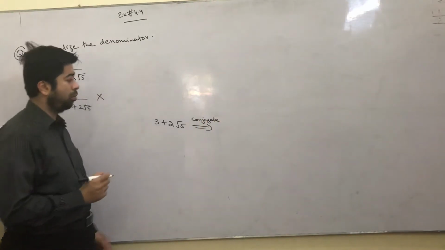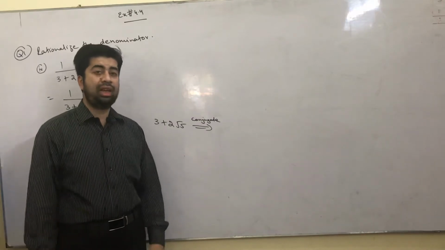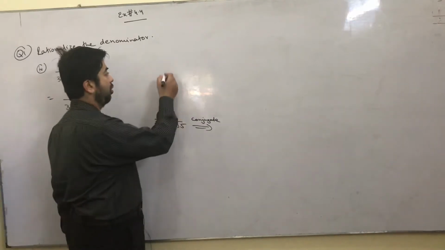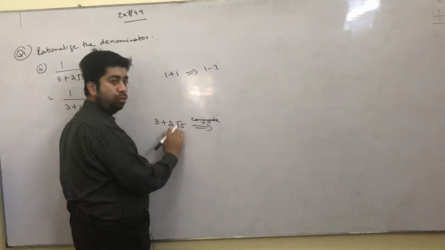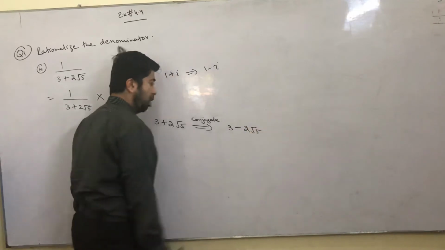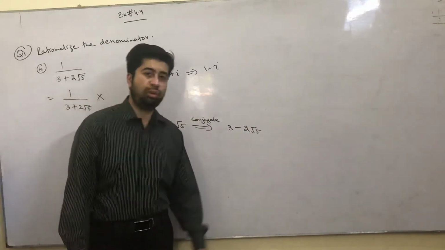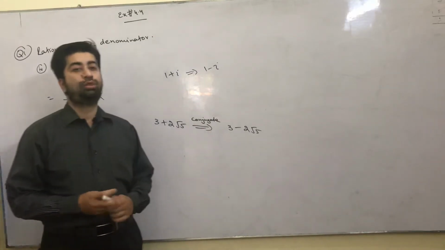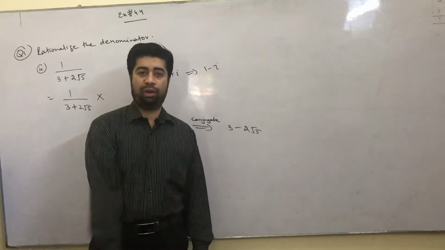I hope you know about conjugate very well from your exercise 2.5 in iota. You know that for 1 plus iota, the conjugate will be 1 minus iota. So 3 plus 2 square root 5, its conjugate must be 3 minus 2 square root 5. Or if this thing is 3 minus 2 square root 5, then its conjugate must be 3 plus 2 square root 5. So we just have to multiply and divide by its conjugate only.